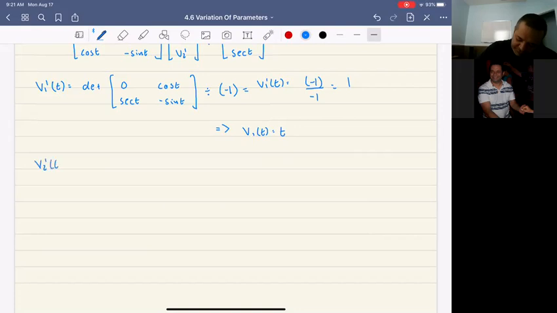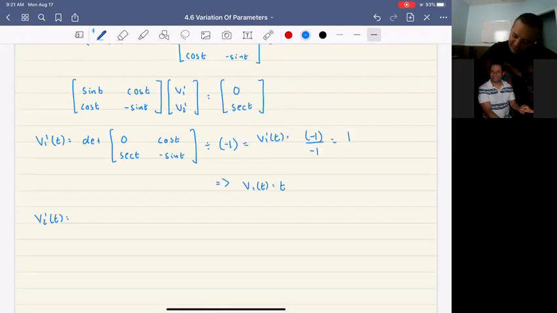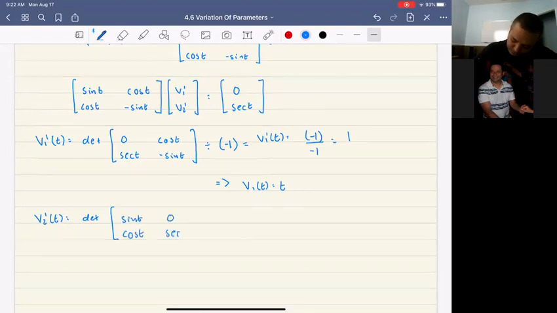v2 prime of t, well, that's going to be the determinant. Now, instead of replacing the first column by 0, secant of t, we're going to replace the second column by 0, secant of t, divided by, again, the Wronskian.